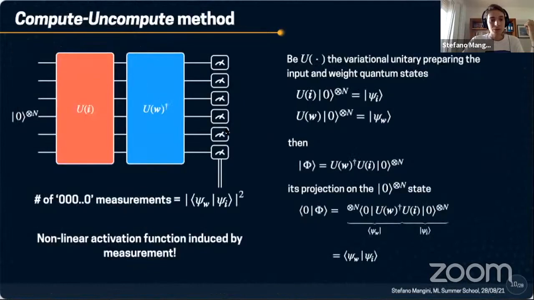We can do that using this kind of circuit. The details of the mathematics are on the right-hand side of the slide, but the idea is that you can use this circuit, which has two unitaries, U_I and U_W. What the red unitary does is create the input quantum state, as you can see in the first equation. The second unitary creates the weight vector quantum state and also performs the inner product.